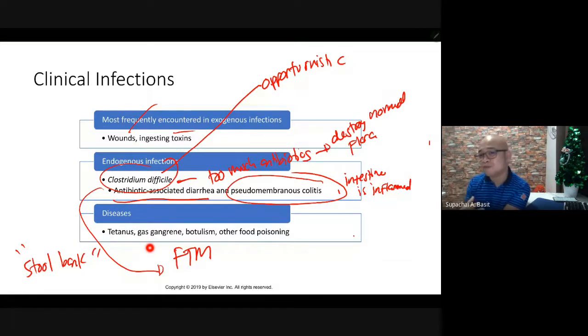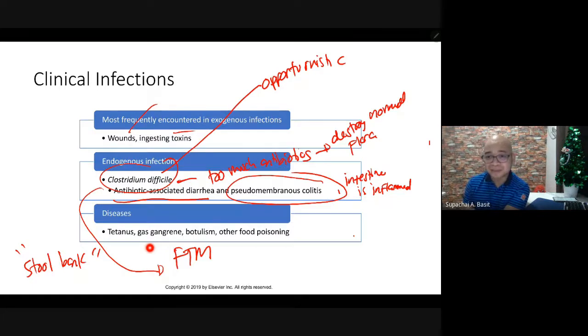So the principle of that treatment is that we should allow these patients to have normal flora back.